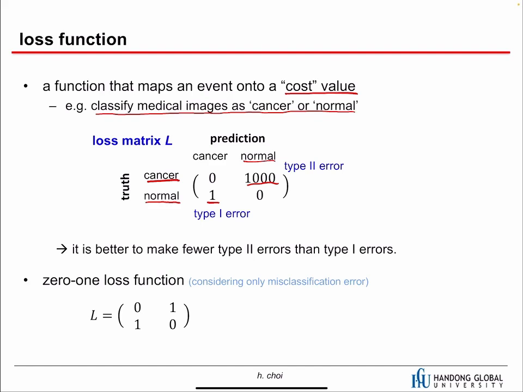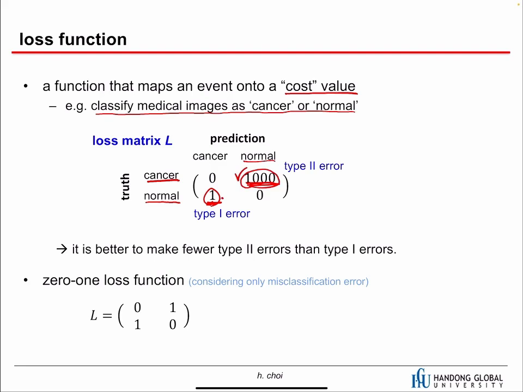So there is a cost, but compared to this one, this cost is way much smaller. So in this case, it is better to make fewer type 2 errors than type 1 errors. This type of error is much cheaper than this one, so we have to avoid this error more than this one.